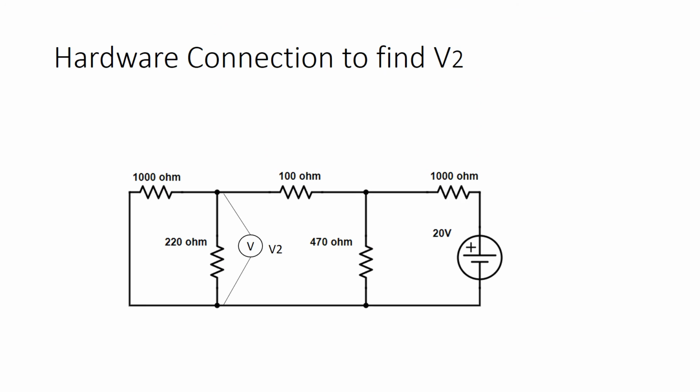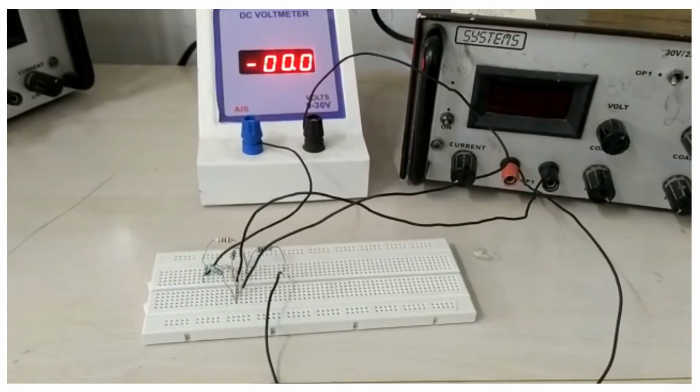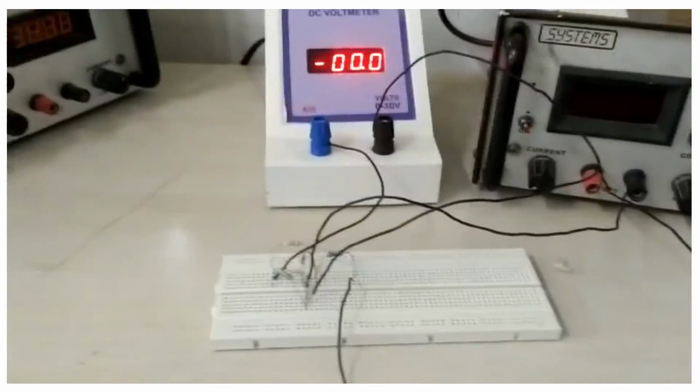Here is the connection diagram to find V2. That is, in the same circuit we are going to short the 30 volt supply and give the 20 volt supply, and we are going to find the voltage across the same 220 ohm resistor by connecting the voltmeter in parallel with that resistor. Now we have shorted the 30 volt supply and are going to keep the 20 volt supply.